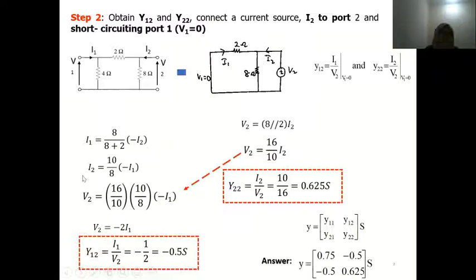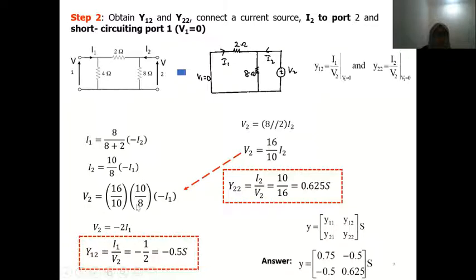Next, Y12 is obtained through substitution of I2 with I1. We know that I1 is equal to, using the current divider rule, 8 divided by 8 plus 2, times minus I2, because this I1 and I2 are in opposite directions. Then I2 is equivalent to 10 divided by 8 negative I1.